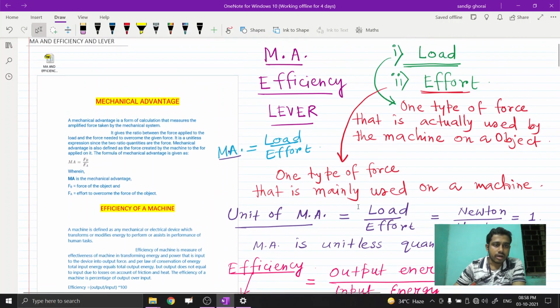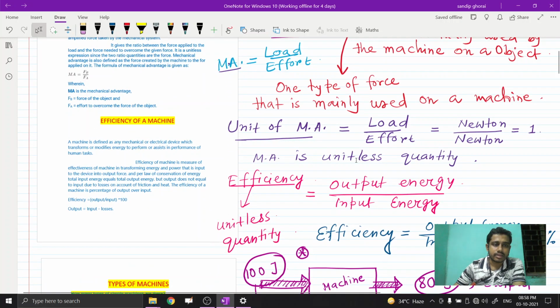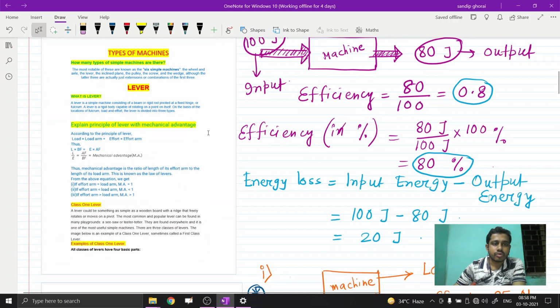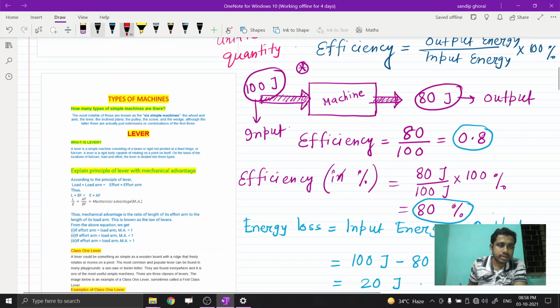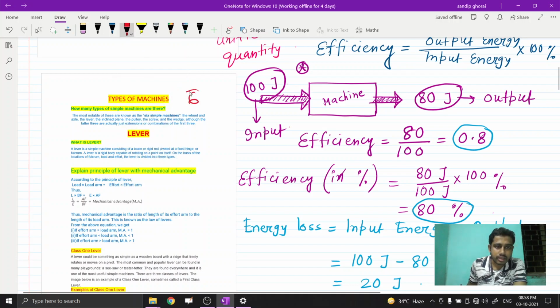Okay, now we move to our next point, that is in your syllabus there are several types of machines. Okay, so here are these points. There are six types of machines. Okay, so first one is A, lever.